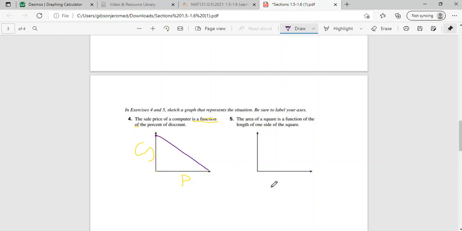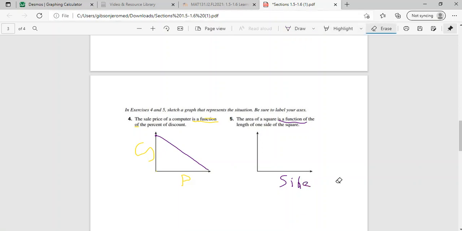So now, it says it's a function of the length of one side of a square. So this would be the side. Wow, almost made it.